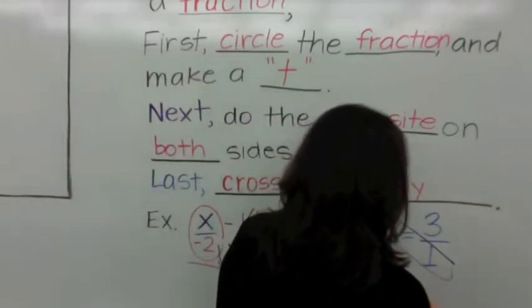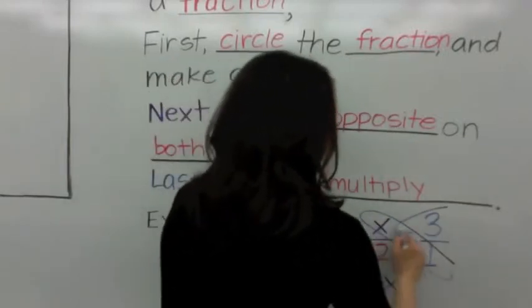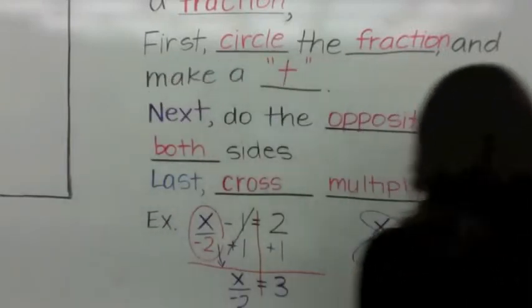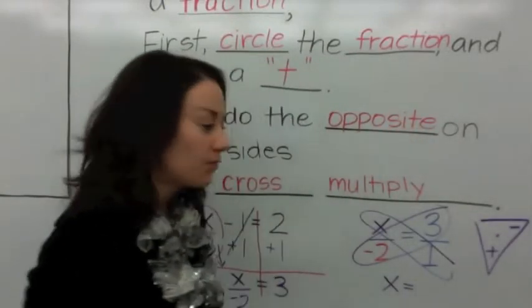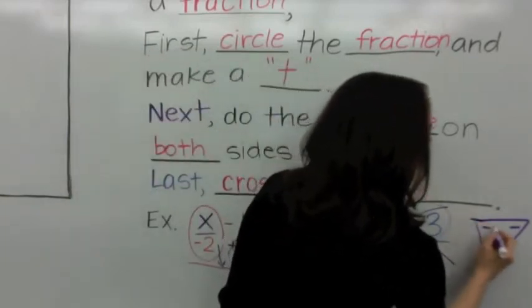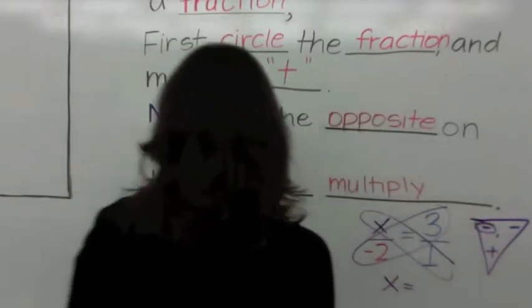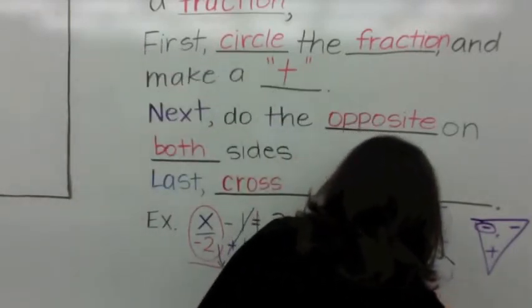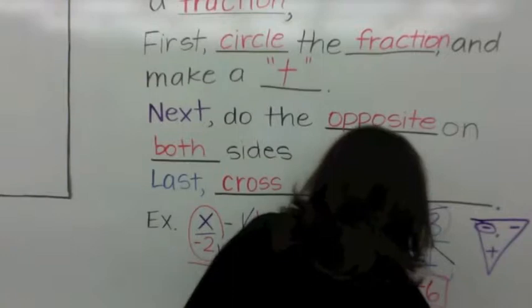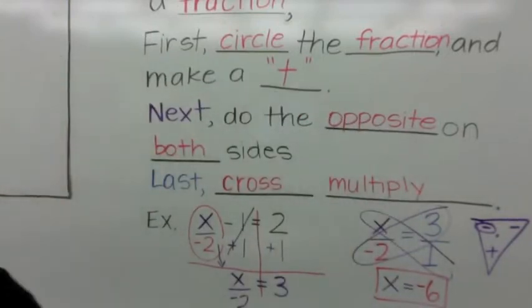And it's going to equal positive 3 times negative 2, which is negative 6. Very good. So that is how to solve these equations. Get that down.